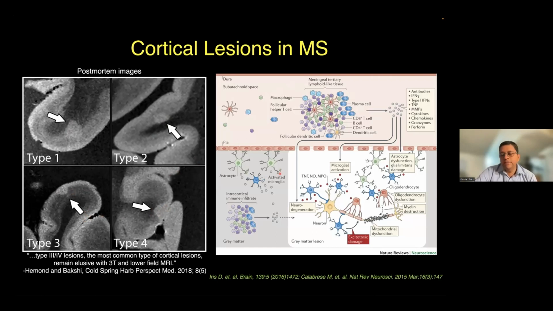These are called the subpial lesions. So either through making cytokines or direct infiltration into the cortex. So this is the meningeal or the leptomeningeal space here between the dura and the pia, and these substances can cross over into the brain and start this process of demyelination.